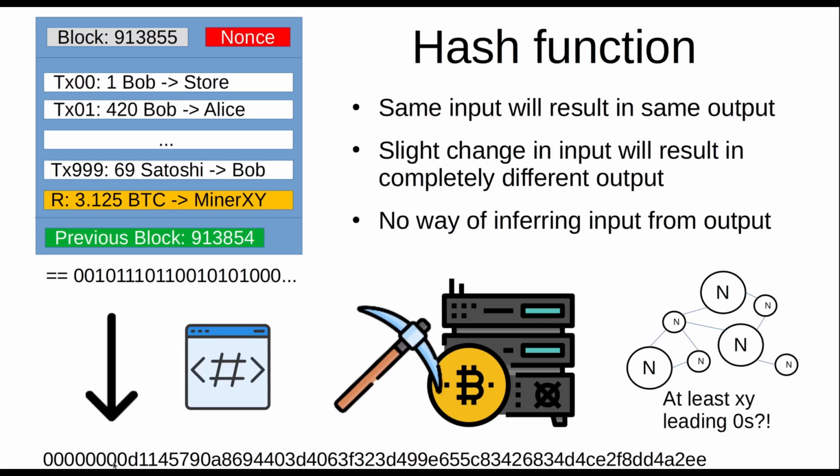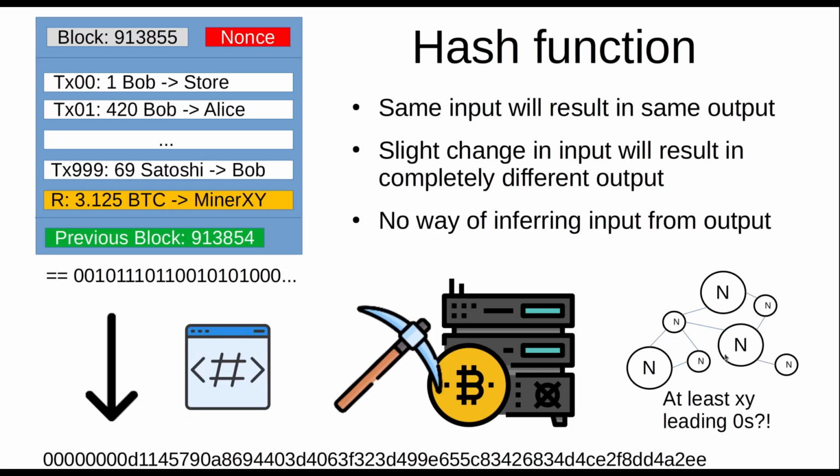And if this is the case, they can publish their block with the special number, the nonce, to the network, and everyone in the network can use the same SHA-256 hash function and calculate the same output value and verify themselves if this output sequence has enough leading zeros.